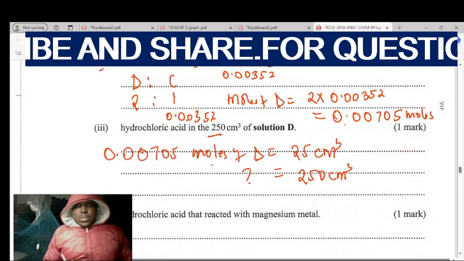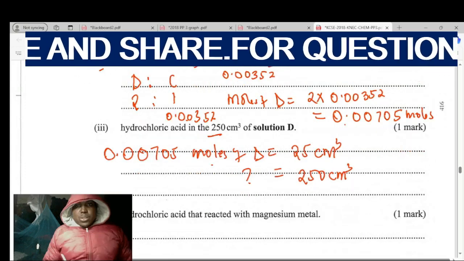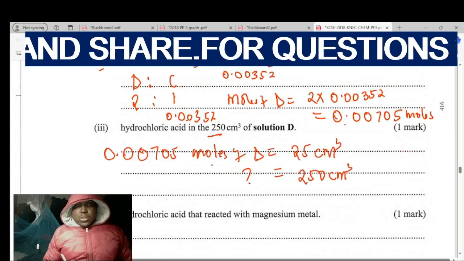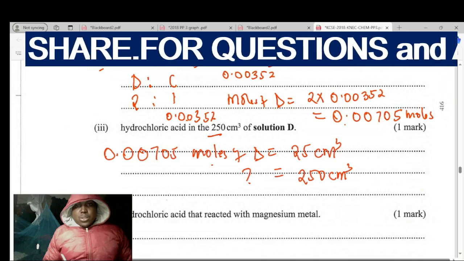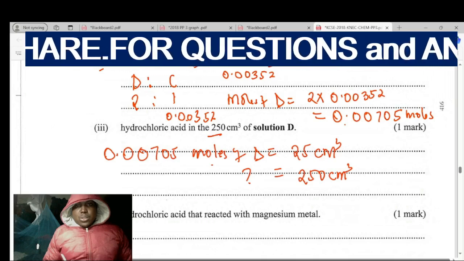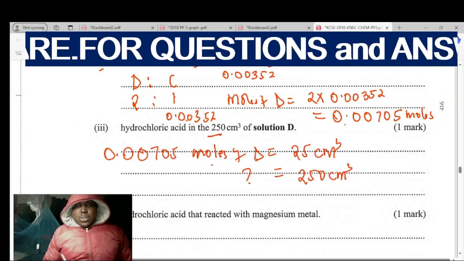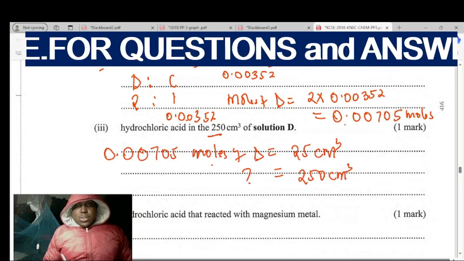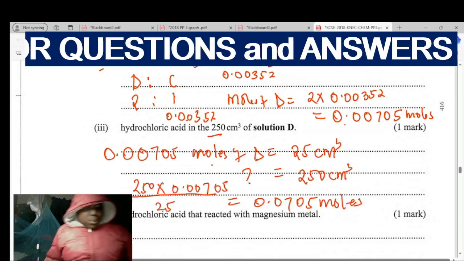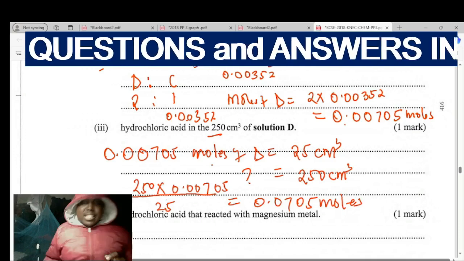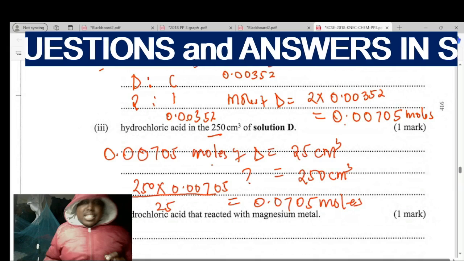So it is 250 times 0.00705, you divide by 25. So hiyo inakuwa ni 0.0705 moles. That is the number of moles of solution D in 250.